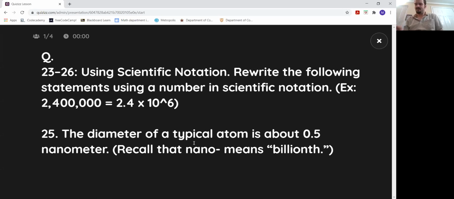Is that right? Tenths, hundredths, thousandths, 10 thousandths, 100 thousandths. Then we go into the millions. We go into 10 millions, 100 millions. Billions is 9, I think. Is that right? Tens, hundreds, thousands.